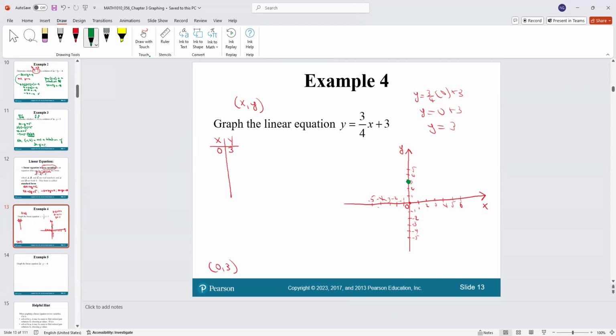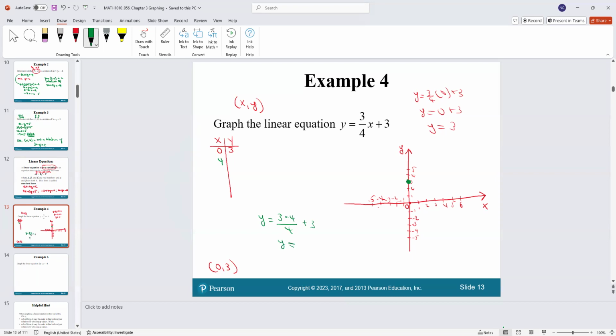Now, for the other points, I don't want to deal with fractions. I'd like to find something where when I multiply by 3 and divide by 4, it gives me a whole number. So the first number I can see close here that would do that is 4. So when x is 4, look what happens with y. So y equals 3 times 4 over 4 plus 3.